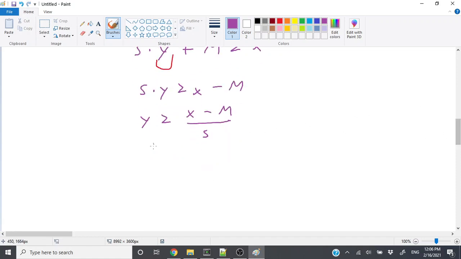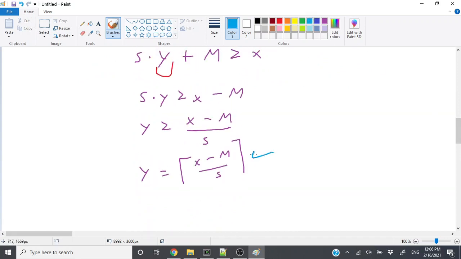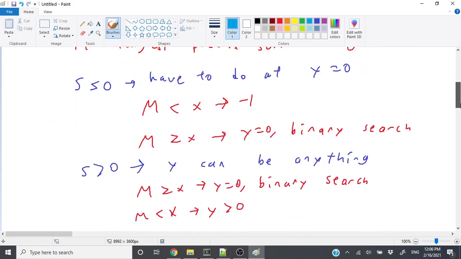This is the definition of the ceiling function. So y is equal to the ceiling of (x minus m) over s. That's how we find y. We just take this value. We can also binary search on y or do whatever. It doesn't really matter because we have log complexity anyway.